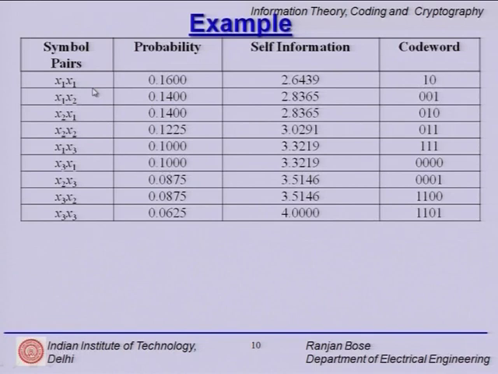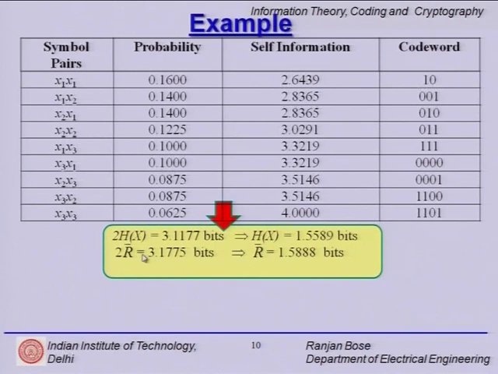So, I have x1x1, x1x2 and so forth up to x3x3, and I can multiply the probabilities to get the net probabilities here, recalculate the self information, and we do Huffman coding to get this following table. Again, if we calculate the average bits per symbol, it comes out to be 1.588 and H(X) is 1.5589 bits.